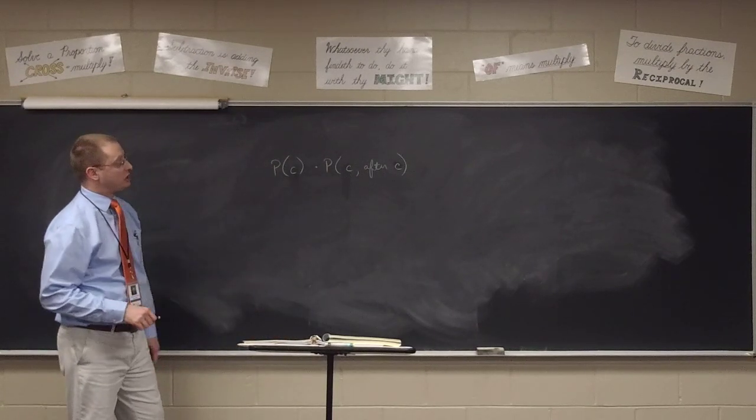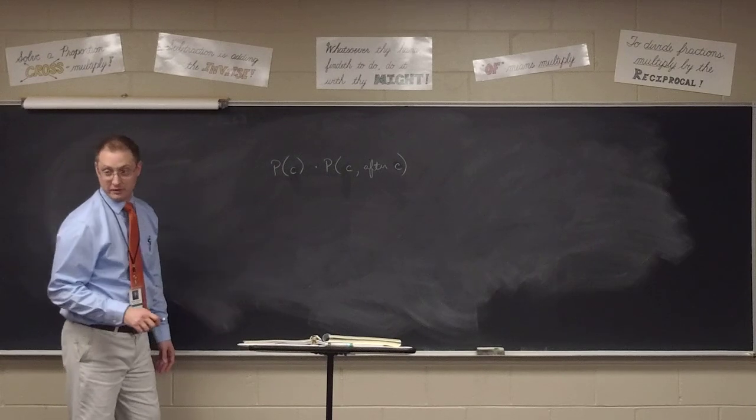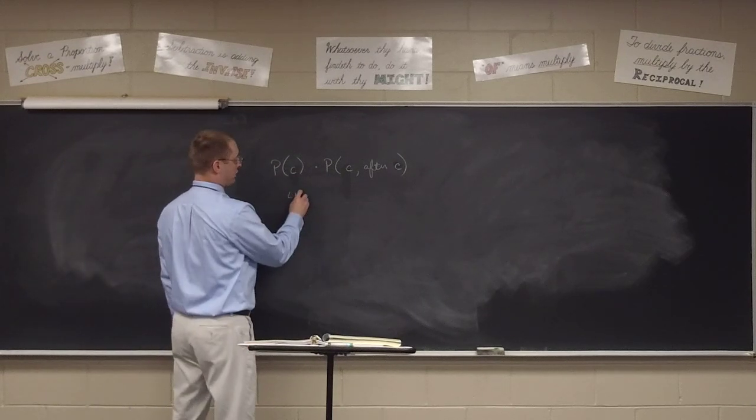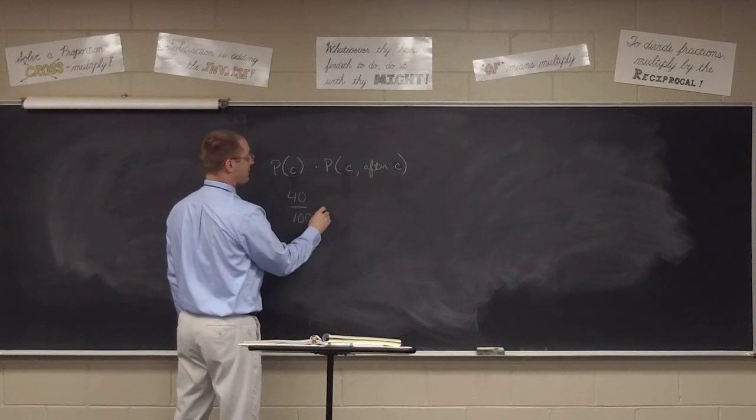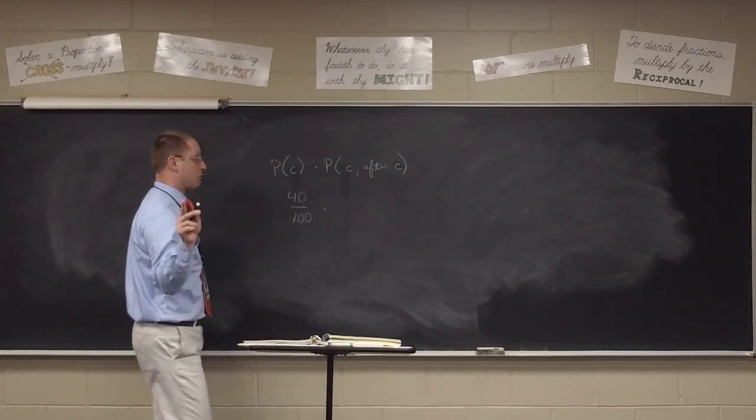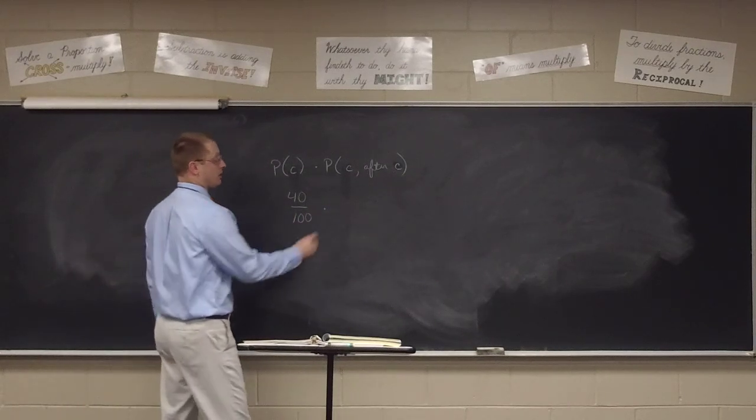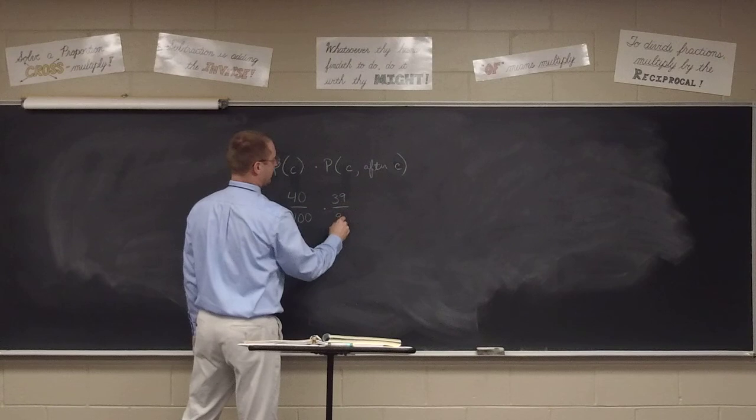So Joshua, what's the probability of cherry on the first one? 40 to 100. 40 to 100. But once you've got that first cherry out, what's the probability of another cherry now? 39 to 99. 39 to 99.